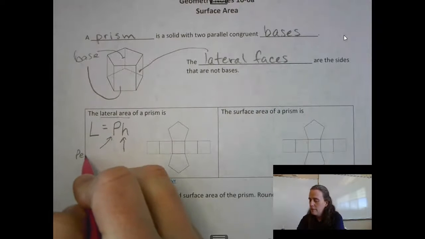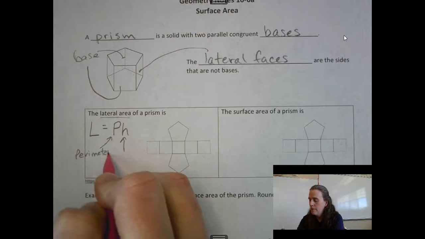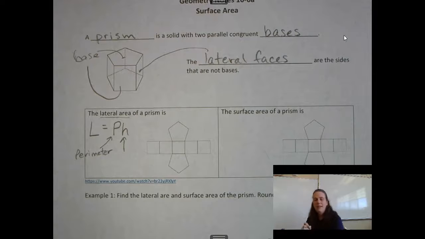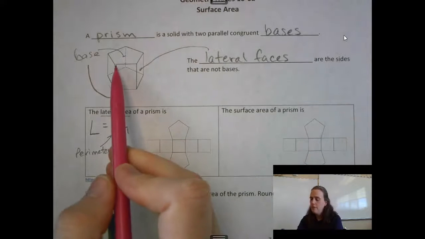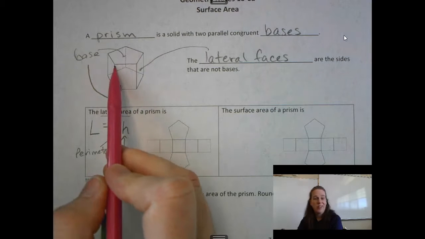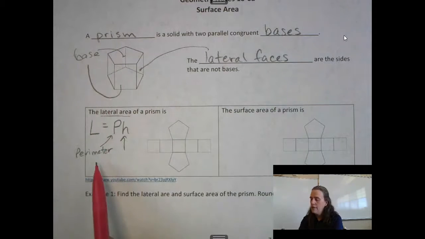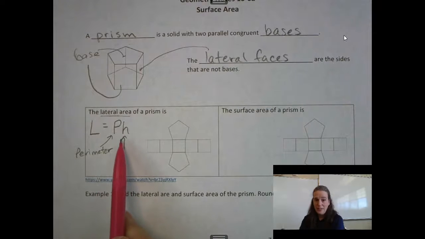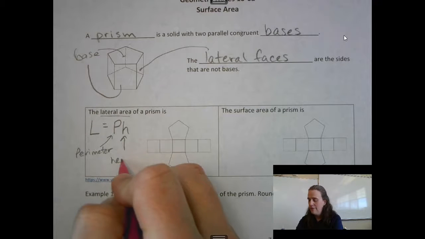Capital P is perimeter, and what we're talking about there is the perimeter of that base. So in this prism up here, we would want the perimeter of the pentagon. And then h, I bet you knew that one, right?